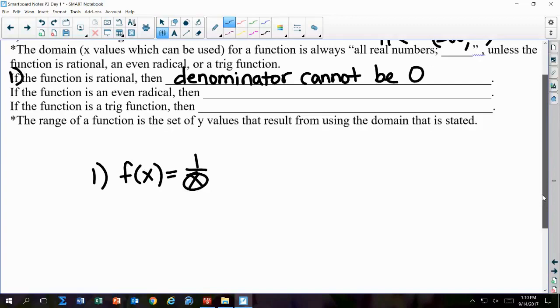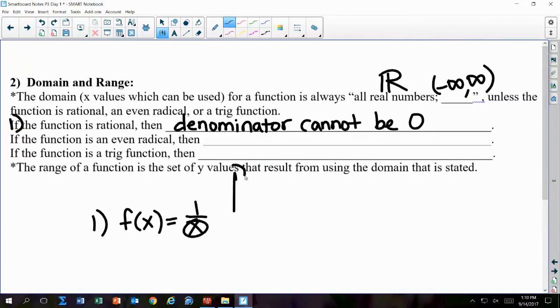So in this example, I would have to say that my domain would be from negative infinity to 0, union 0 to infinity. See how I'm including all of the values except 0? I did not put a bracket on 0, I put a parenthesis, which means everything up to, but not including 0. That's just an example of a rational function.